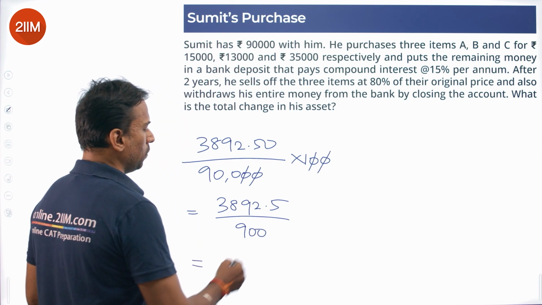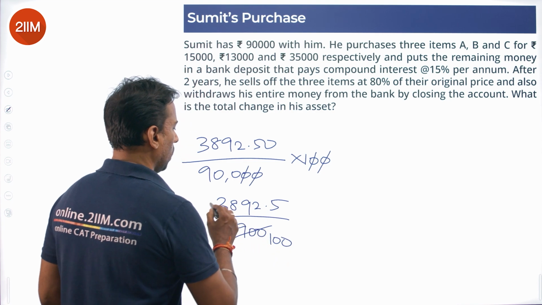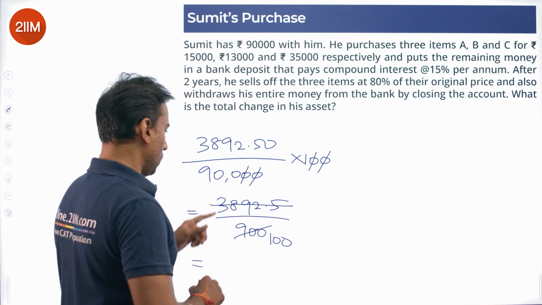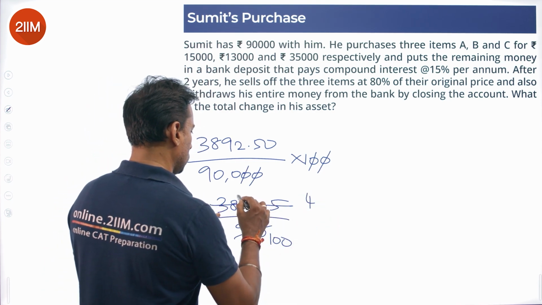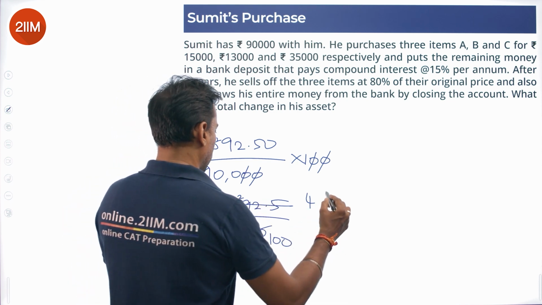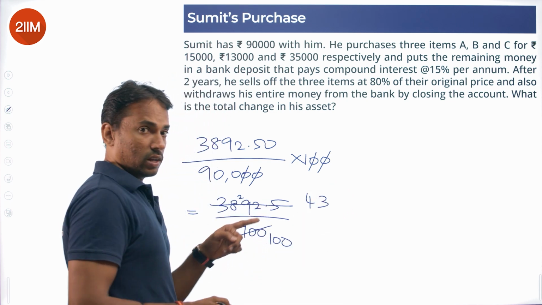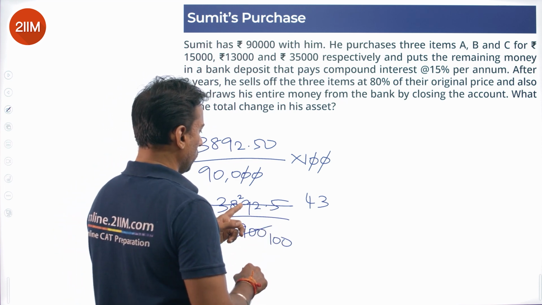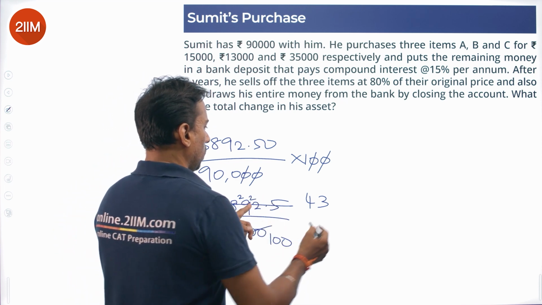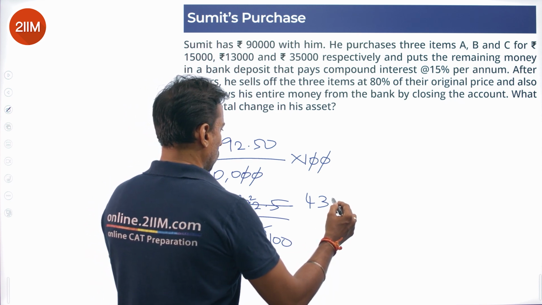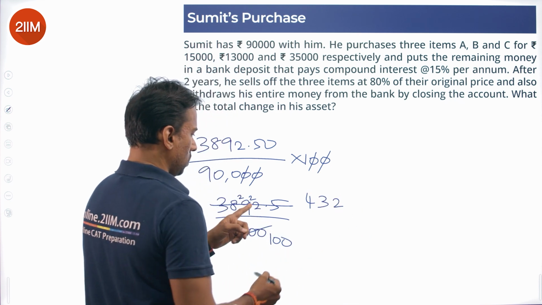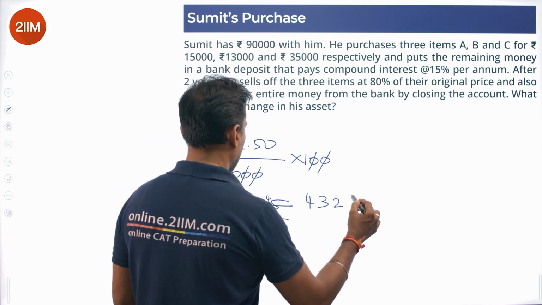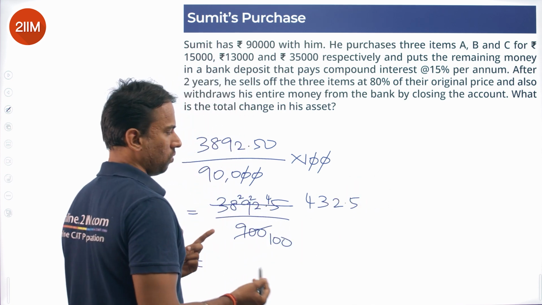So with 9 tables, it's going to be 100 times. In 9 tables, 9 4s are 36, 9 3s are 27. I think we are coming closer to the options. We'll anyways finish it. 9 3s are 27, balance 2. 9 2s are 18, balance 4. 9 5s are 45, done.